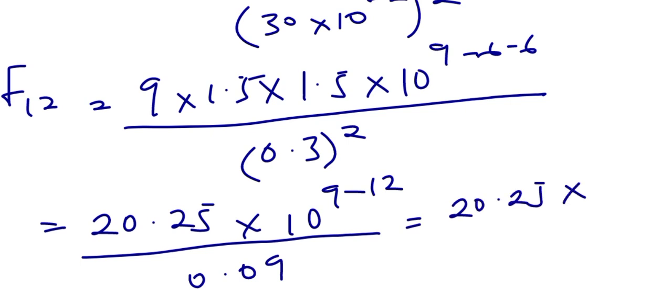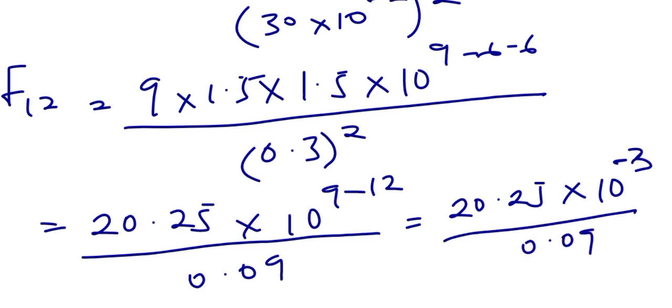20.25 times 10 to the power of 9 minus 12 will give us a value of minus 3, divided by 0.09.